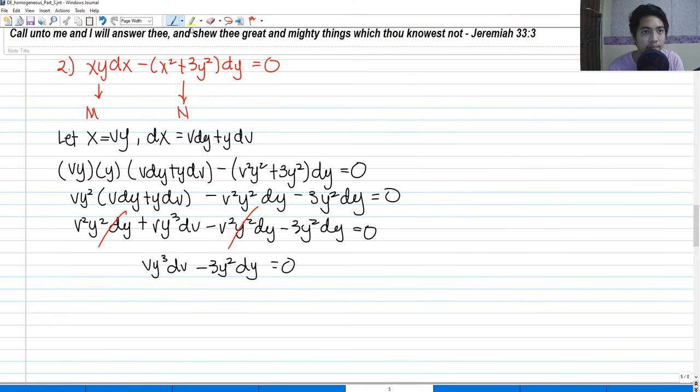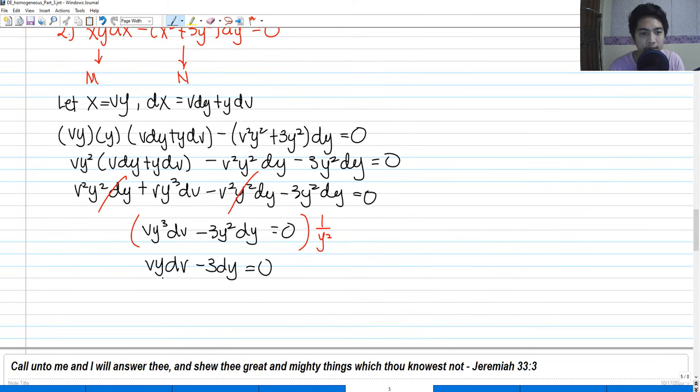And we can divide both sides, just like what we did a while ago, by y squared, so that this is simplified as vy dv minus 3 dy equals 0.